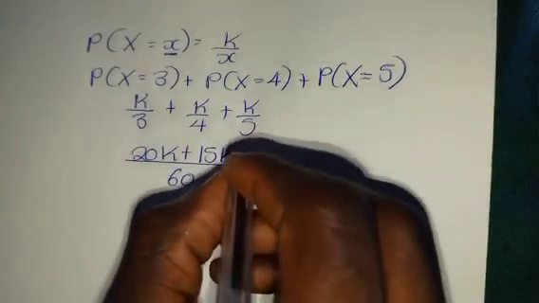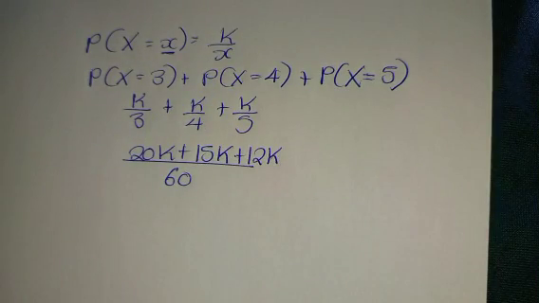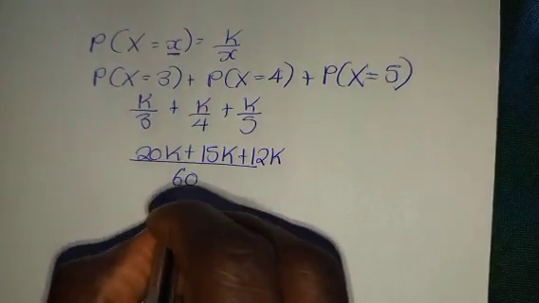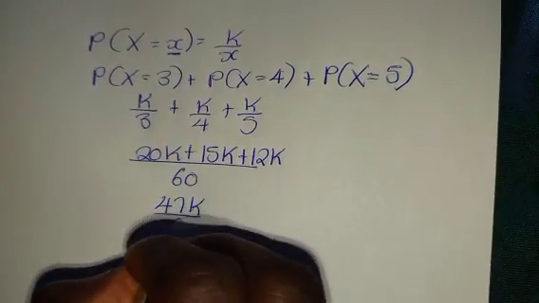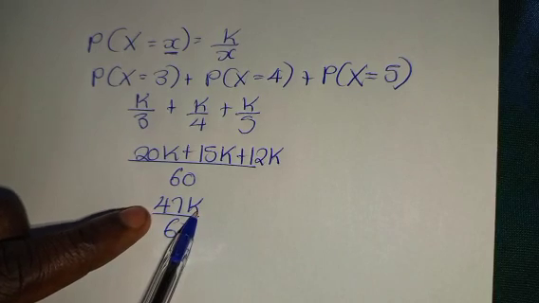Then 12 times k is 12k. When you add those, you will have 20 plus 15 plus 12, giving you 47k over 60.